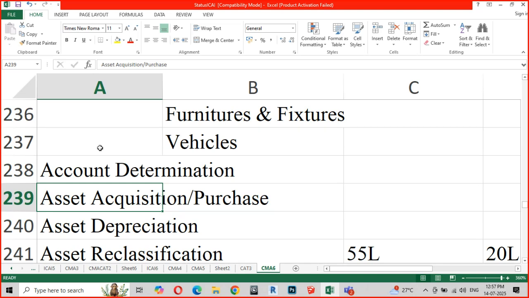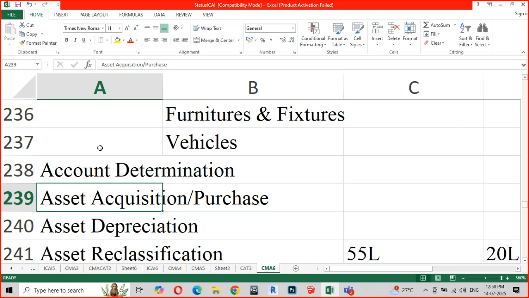If somebody asks you, what do you call the integration between the finance and the other modules? The interviewer is simply expecting an answer: account determination. That is all. If you answer account determination, he will immediately know that you know the concept.